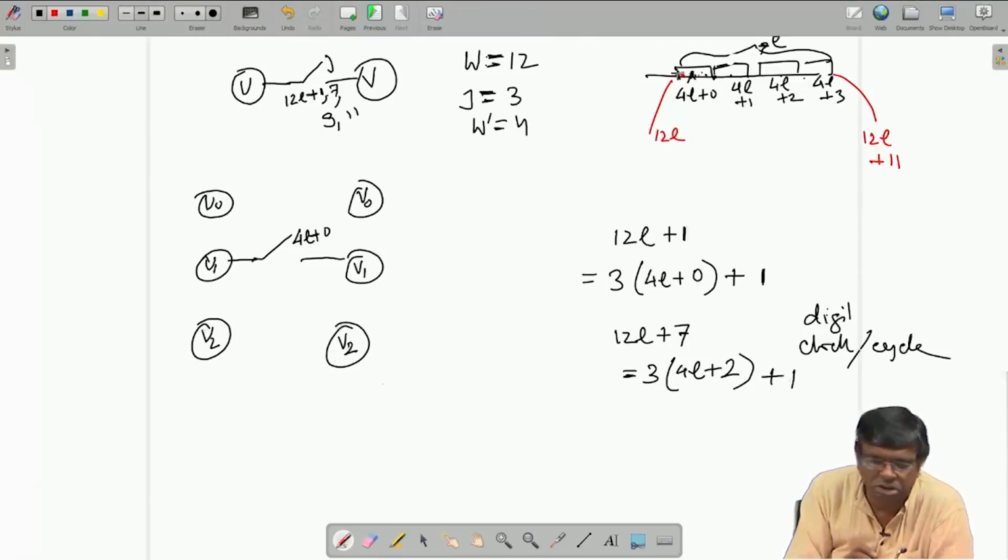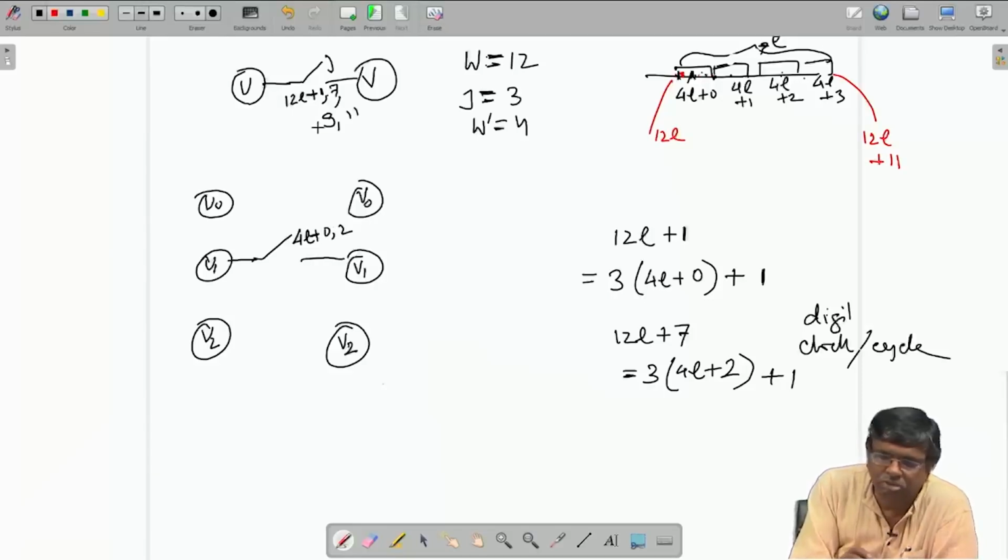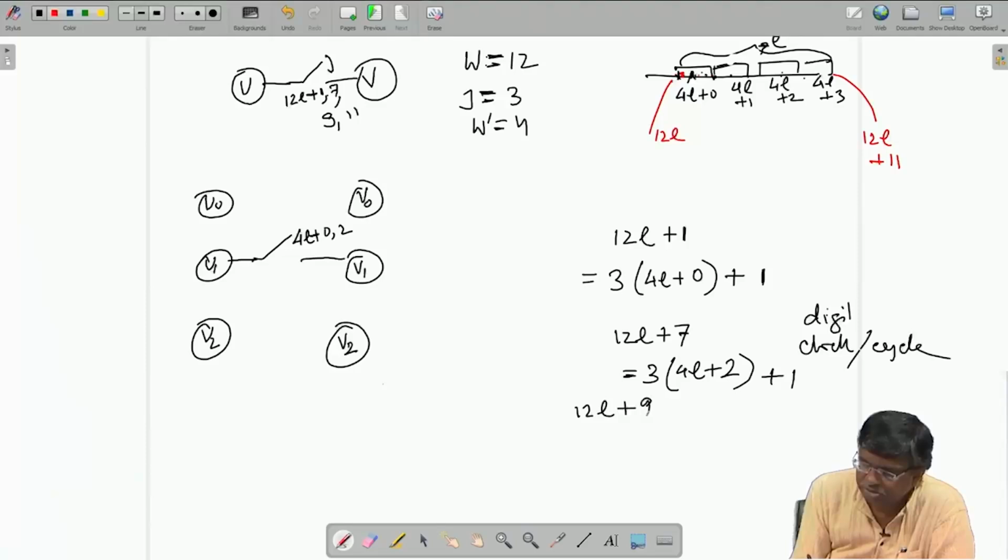So this point 1 goes to U1, and U1 will go to V1. So U1 goes to V1 not only in the 4L plus 0 digit cycle but also at the 4L plus 2 digit cycle. So 4L plus 0 and 2. Then 12L plus 9.